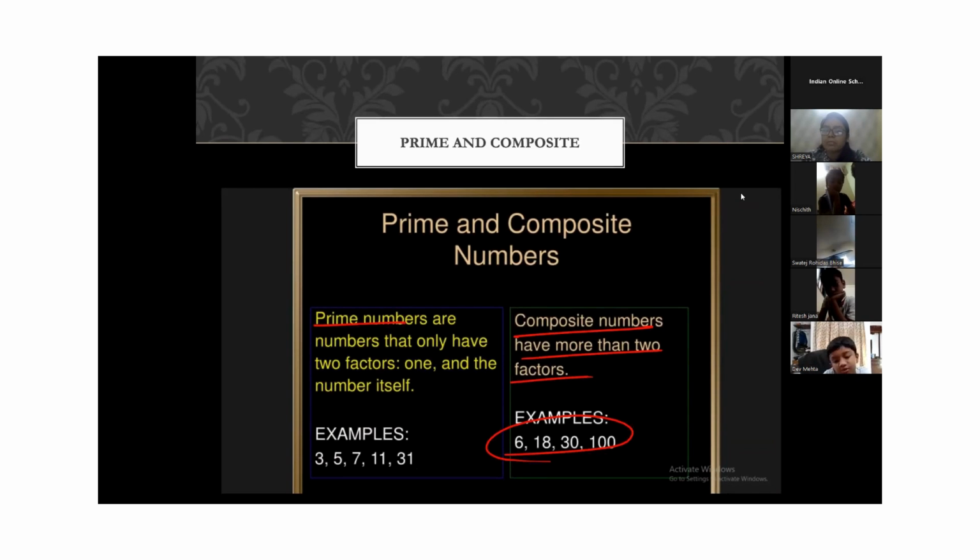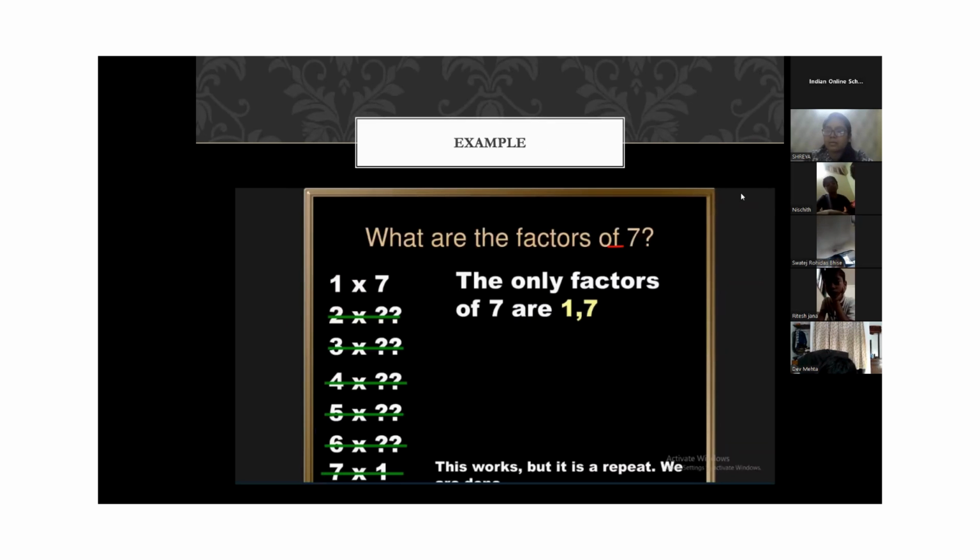But what are prime numbers? Numbers that have only 2 factors, that is 1 and the number itself. For example, see 7. What are the factors of 7? You start with 1. 1, 7 times is 7. Next 2, no. 2 cannot divide 7. 3 also cannot divide. 4 also cannot divide. 5, no. 6, no. Next 7, you have already written 7.